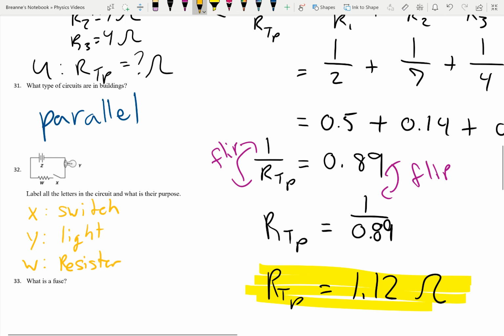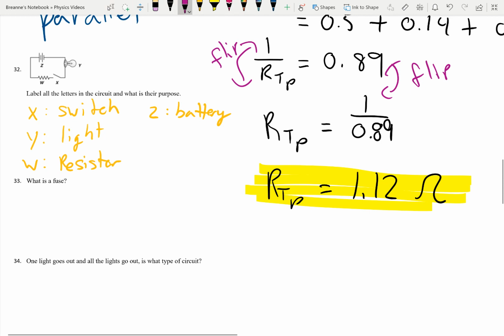The whole point of a resistor is to slow down your electrons so it doesn't do a surge, so your light bulb doesn't break. Say if it only needs to take 2 electrons, but your battery is pushing 10 out there, so that resistor slows down your electrons so you don't have a surge. And Z is your battery. And your battery is what produces the voltage, what produces the energy that it gives to electrons to make the circuit work.